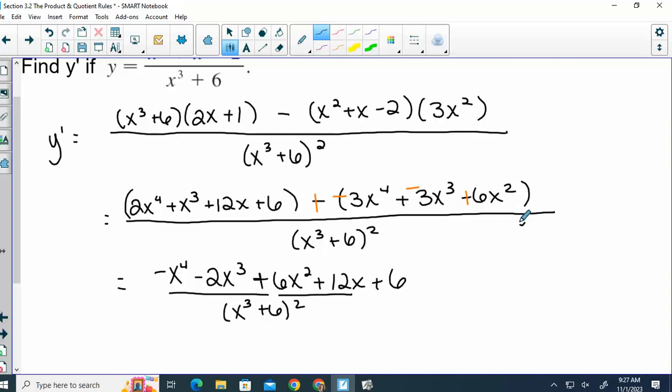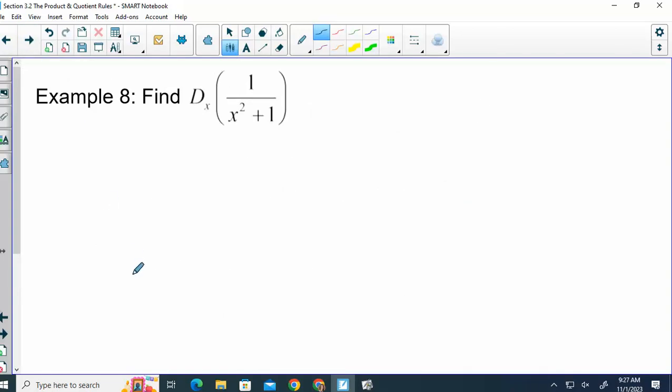All right. Last one of the day. So I want the derivative of this. So it's a fraction, so we're looking at quotient rule. Quotient rule is low, so the bottom. D high.